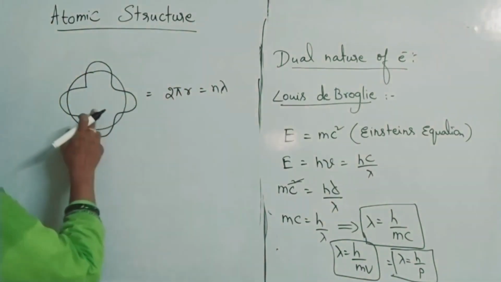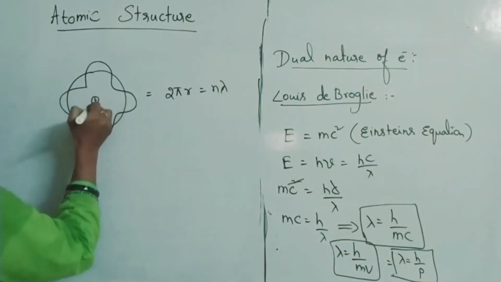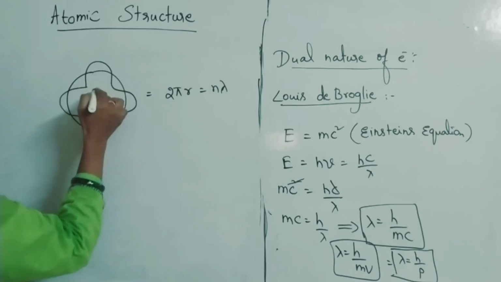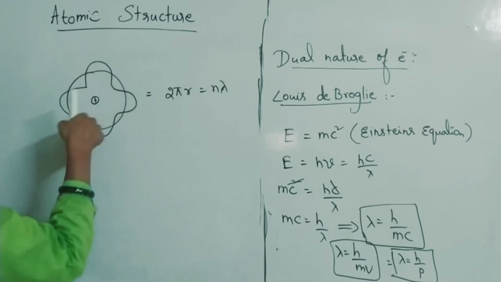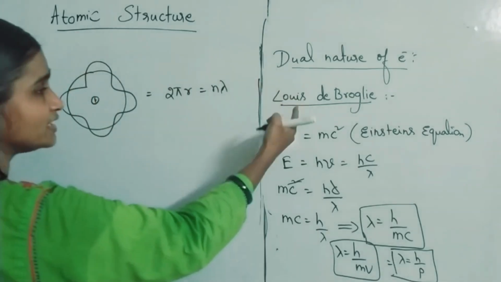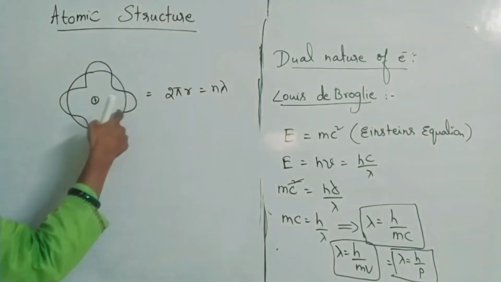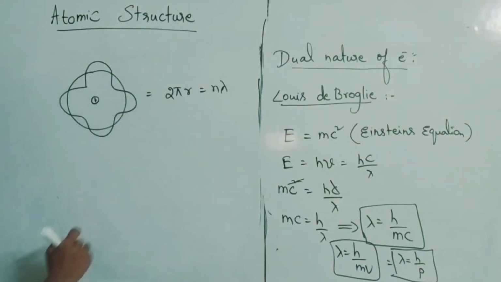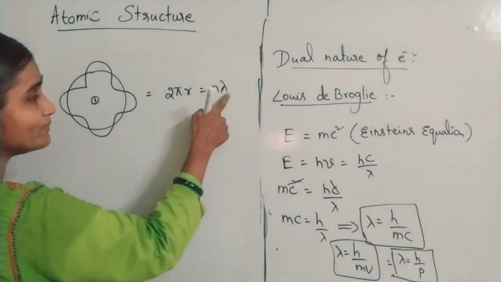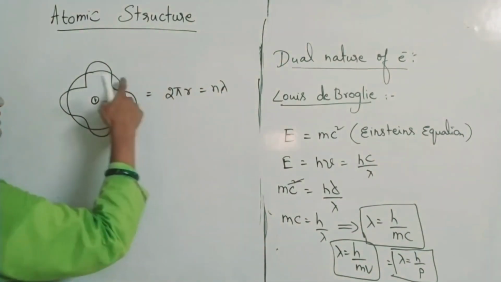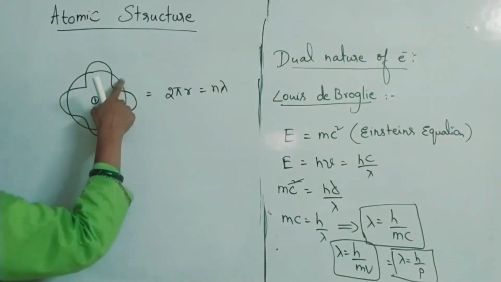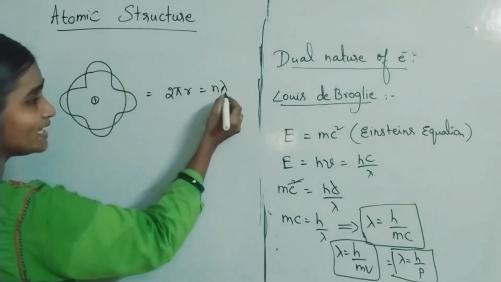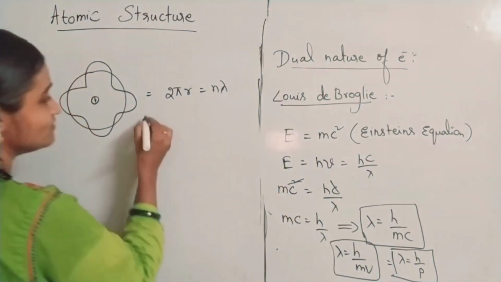So according to Louis de Broglie, if the electron is traveling in the form of a wave around Bohr's circular orbit, the proposal of de Broglie is that the electron wave will be traveling like this. Then the circumference of the wave, 2 pi r, is equal to n into lambda. N stands for orbit number. Please remember, n stands for Niels Bohr's orbit number. So in place of lambda, I am going to keep h by mv here.